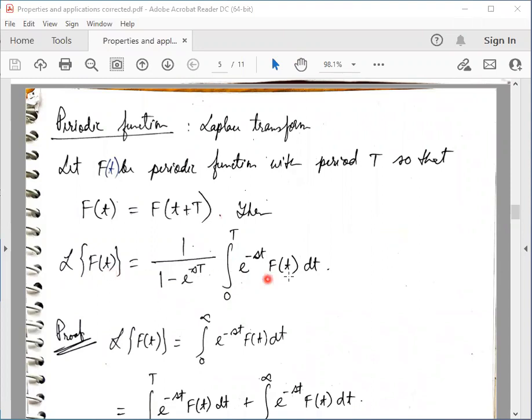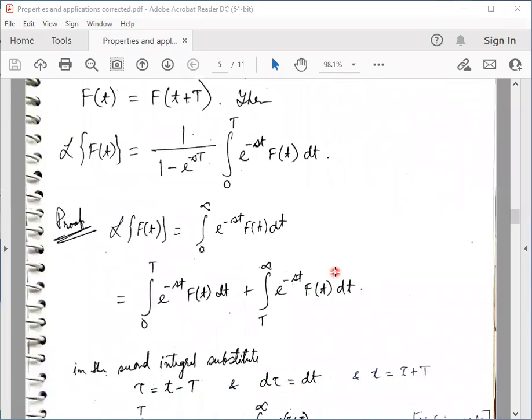So how do we prove this particular property? Let us start with the definition of Laplace transform. Laplace transform of f of t is by definition equal to this expression.